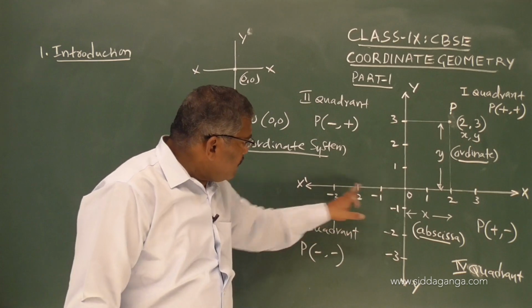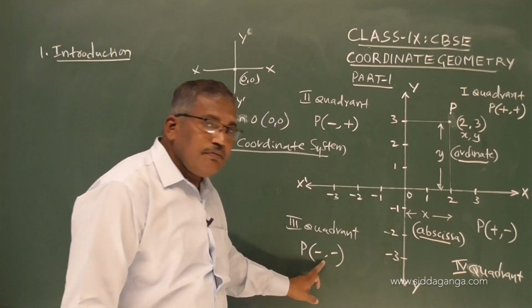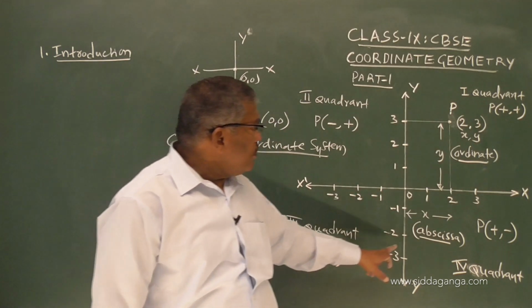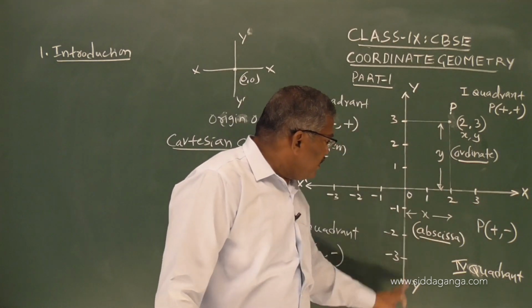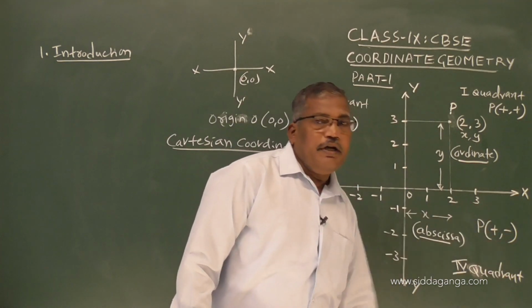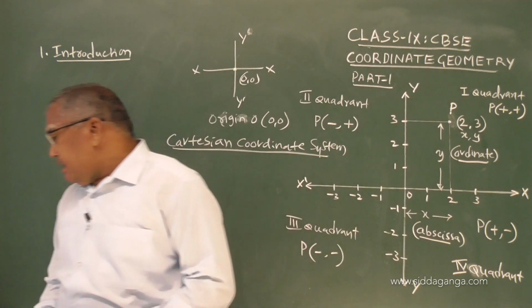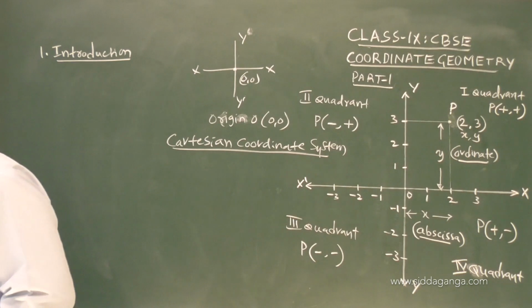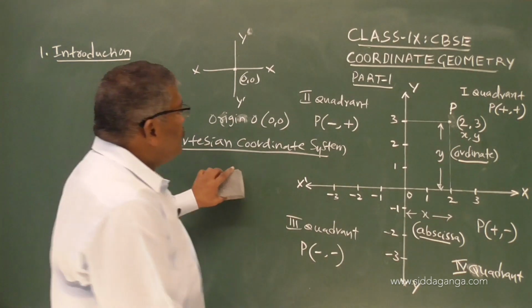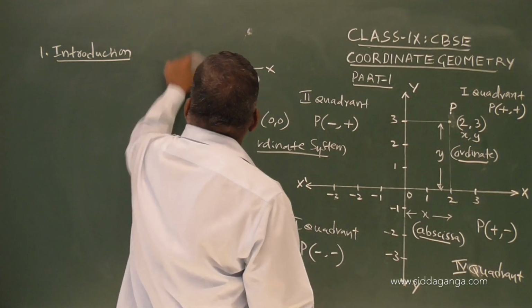Minus x value, minus y value. In the fourth quadrant, x is positive, y is negative. So this is the basics about the coordinate system. We shall have some brief notes on this.